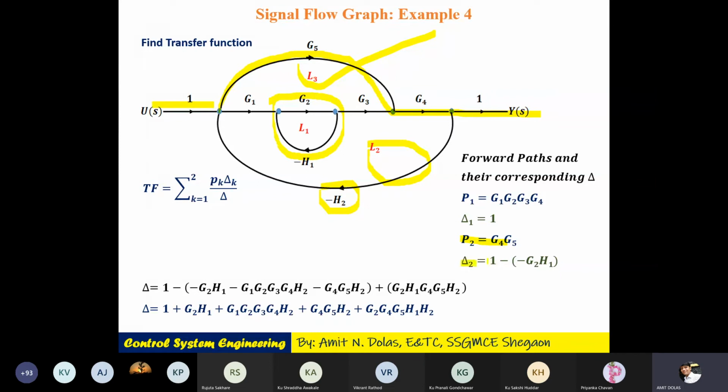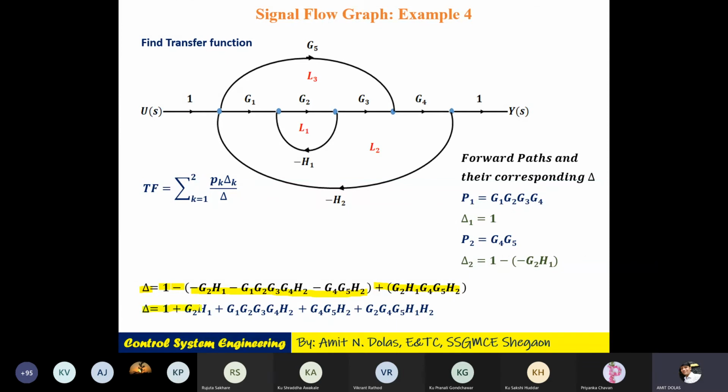Therefore, delta 2 will be 1 minus, in brackets, the individual loops which are not touching this path. So it will be minus G2 H1. So this is delta 2. And what is overall delta? Overall delta is equal to 1 minus summation of all individual loops, plus two non-touching loops.